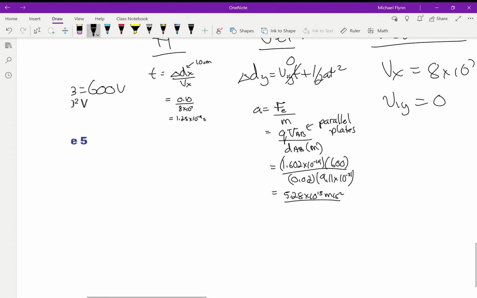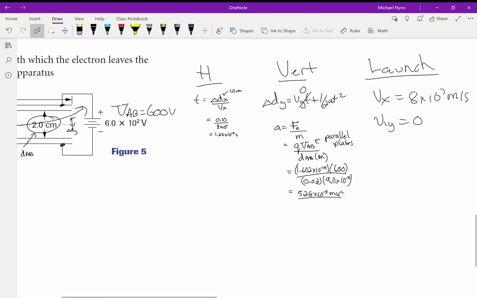Okay. All right. So now we're ready to answer our question. We've got the time and we've got a, right? So therefore, delta dy will equal 1/2 a t squared, which is equal to 0.5 times the acceleration there times 1.25 times 10 to the negative 9 squared.